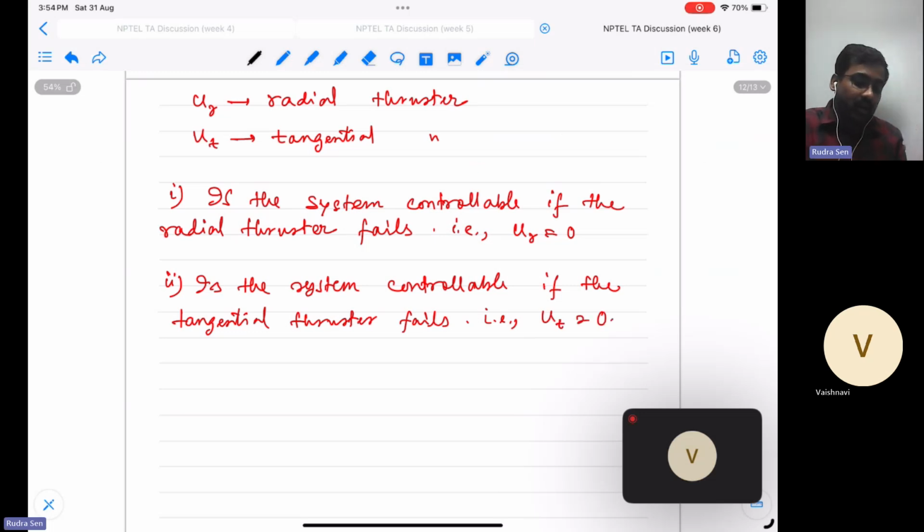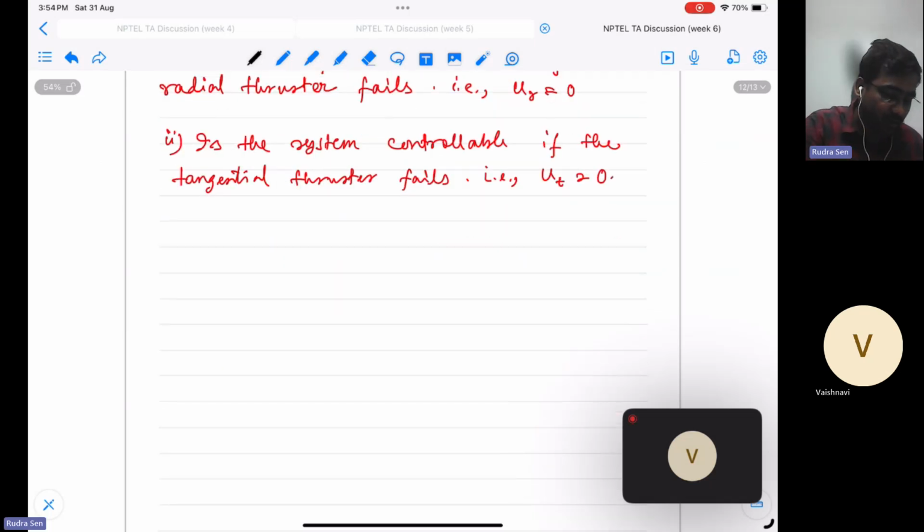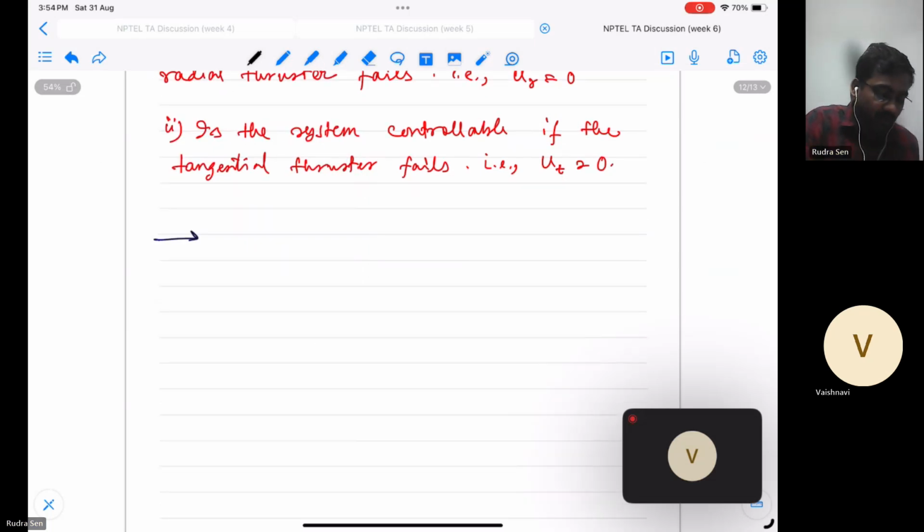So we have to check one by one. If u_r equals 0, can we control the system? If u_t is 0 but u_r is working, will the system be controllable at that time or not? We have to check. So let's go to the answer.